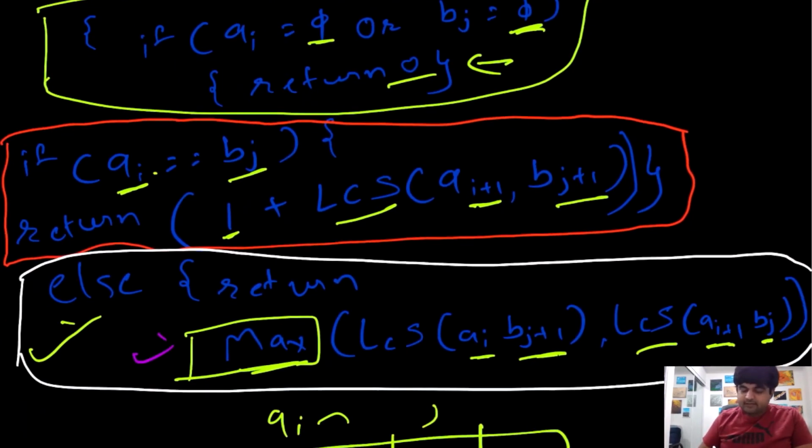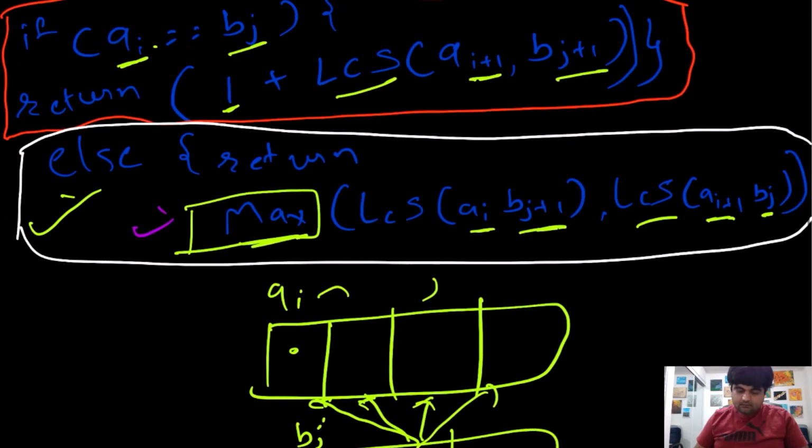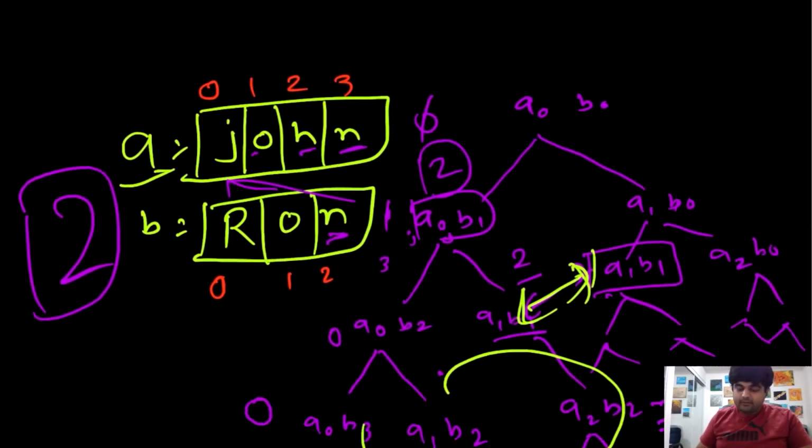If the values are the same, we return 1 plus the value at i plus 1 and j plus 1. And if the values are not matching at all, we simply check what is the maximum amount we can reach by either comparing the next value on the A string or comparing the next value on the B string, and that is how we would be able to calculate the result.